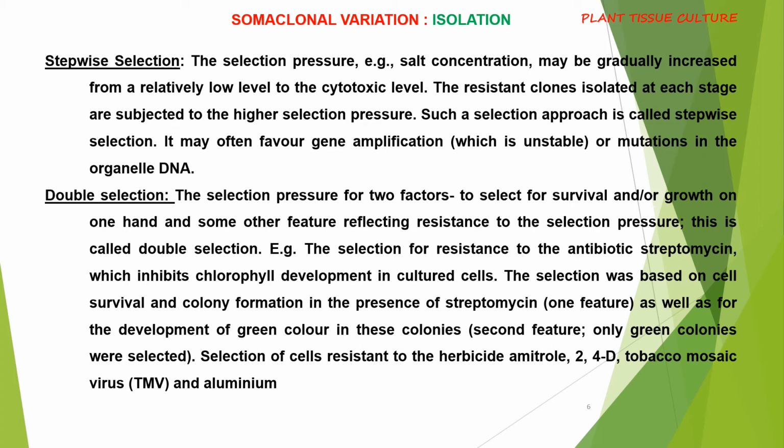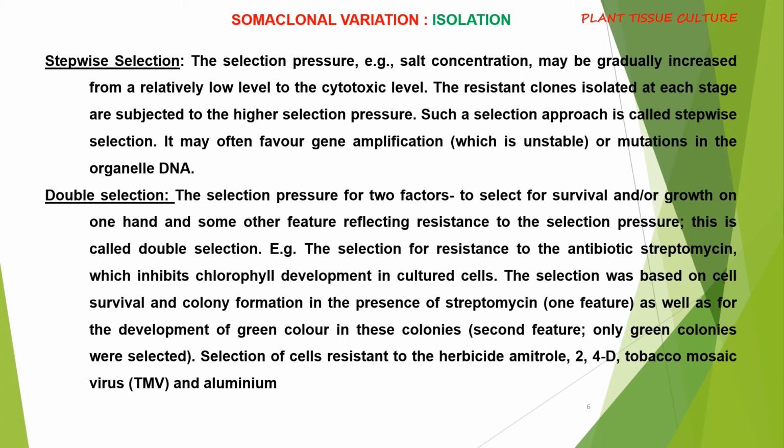Next, double selection method. In this selection method, two parameters are used for selection. One selection for survival and the other could be any other feature of these cells. Example, selection for resistance to antibiotic streptomycin.